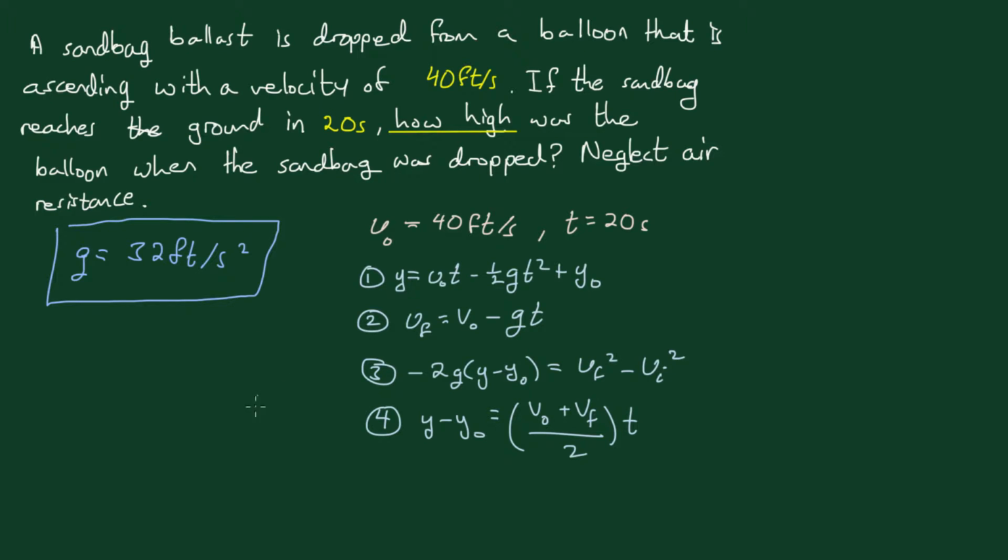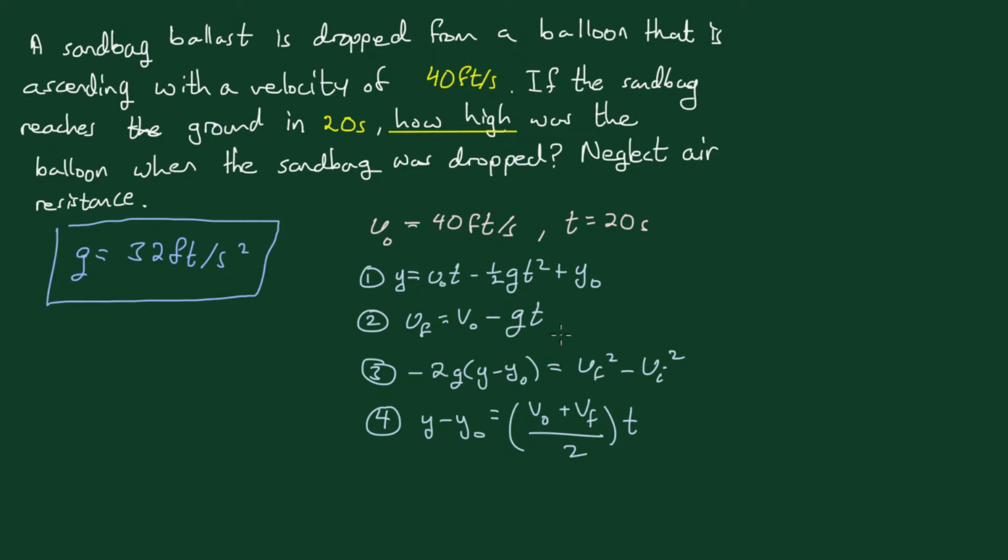Now, if we want to solve this problem, we want to take a look at the free fall formulas that we can use to solve it. We have four formulas here. The first formula is the vertical height formula: y equals v0t minus a half gt squared plus y0.